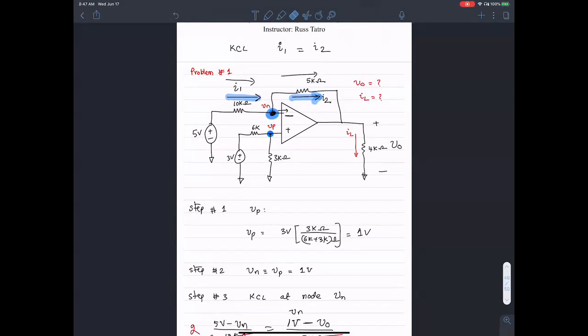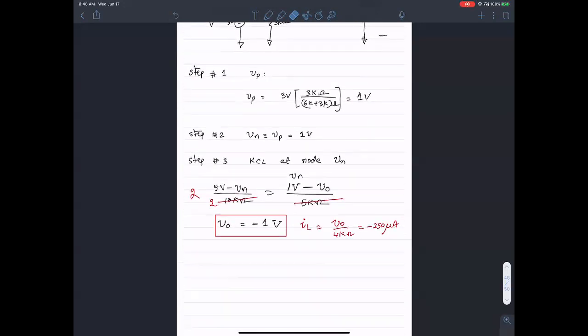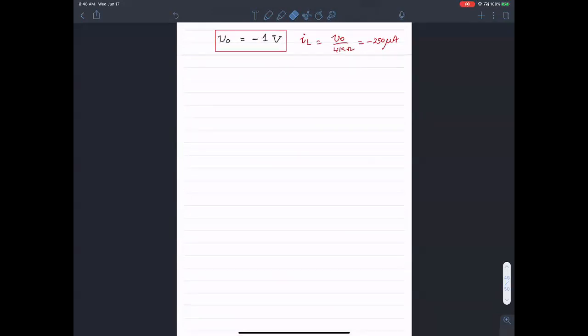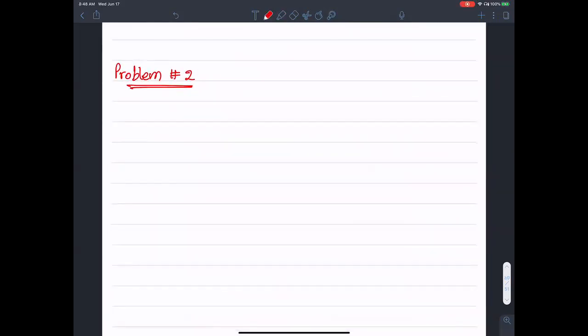Okay, let's do one more problem. Let's do a small enhanced version of this guy. Problem number 2. Let's still do an OpAmp with a negative feedback configuration.